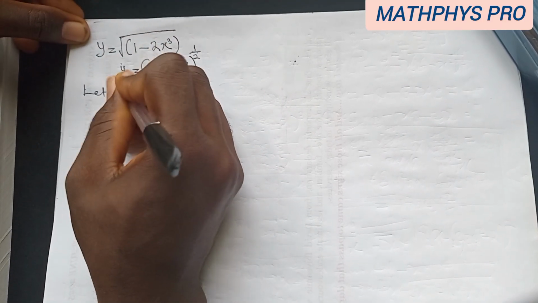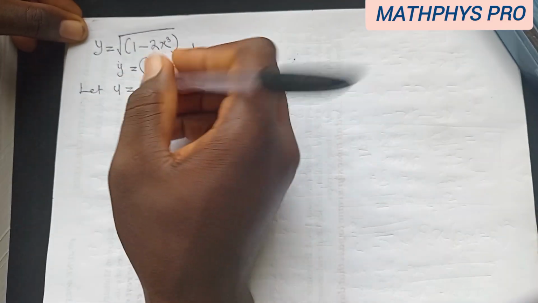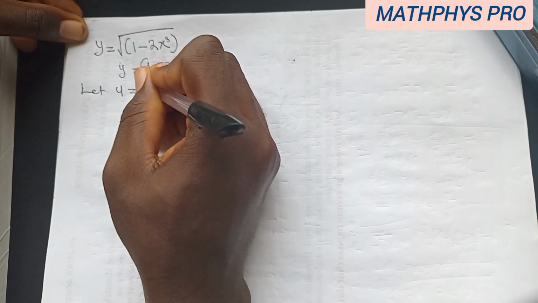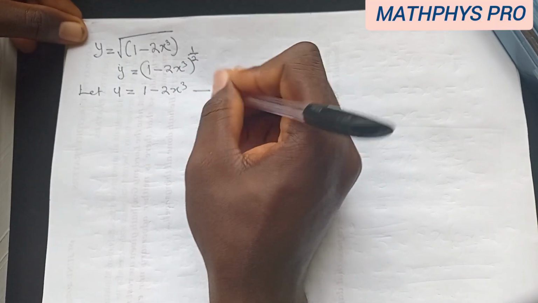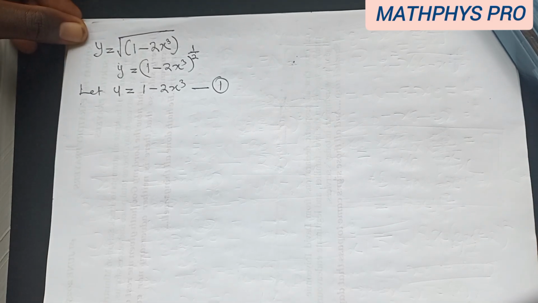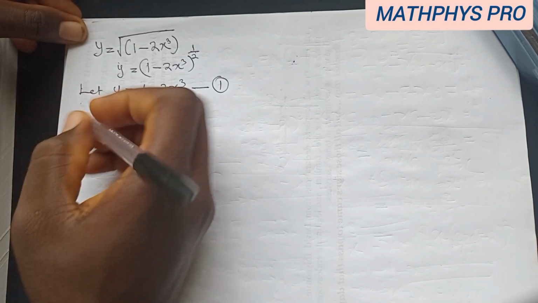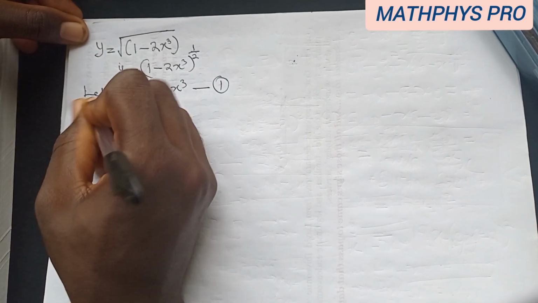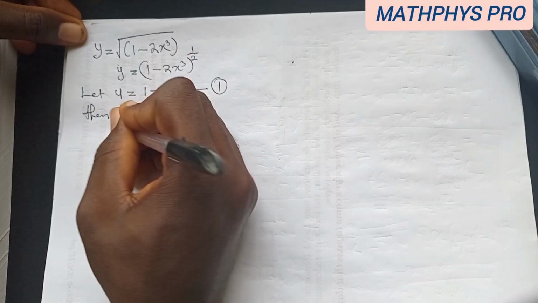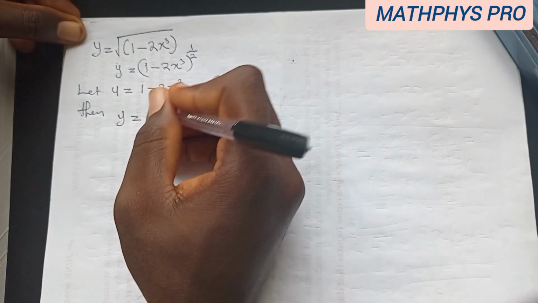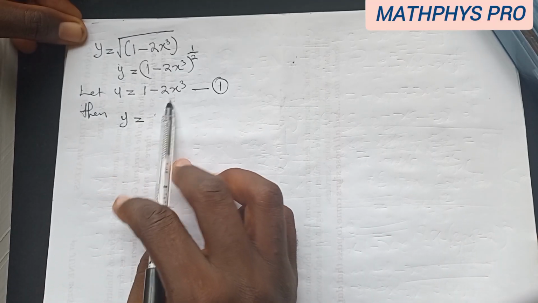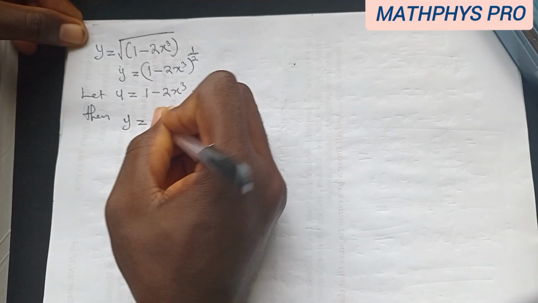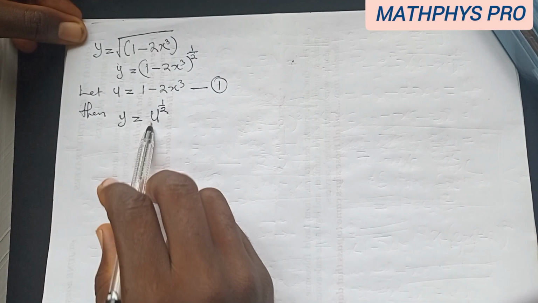So now we can say that let u be equal to 1 minus 2x cubed. We can call it equation 1. And now, we can also say that y will be equal to, since u is equal to 1 minus 2x cubed, u raised to power 1 over 2.